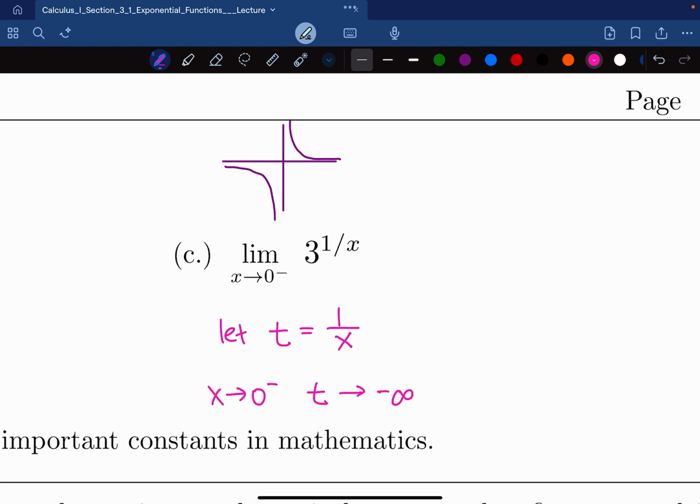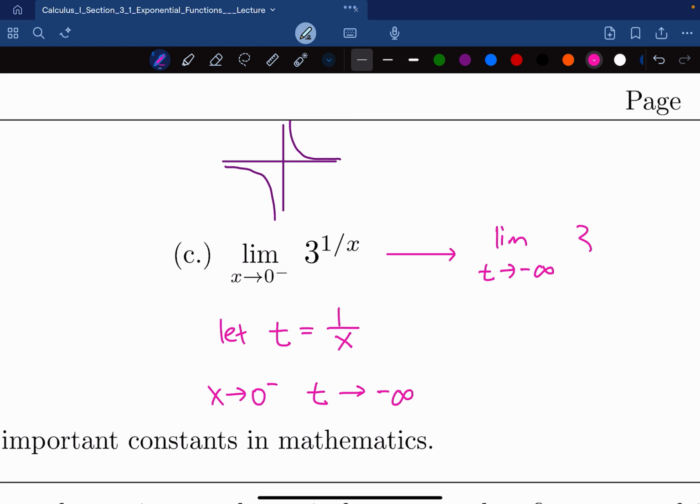Now what we can do is make a substitution. So this whole limit, I want to get rid of everything in terms of x. I want to write everything in terms of t. So the limit as x approaches 0 from the left is the same as t approaches negative infinity.